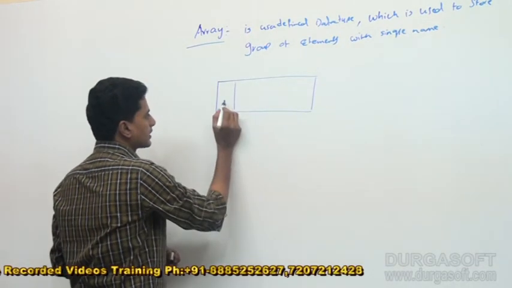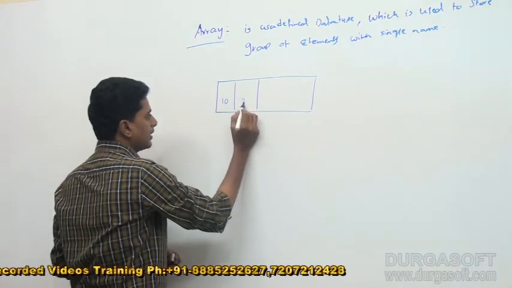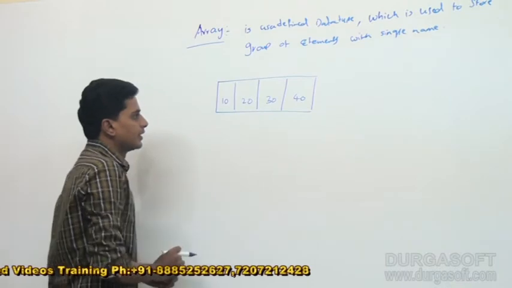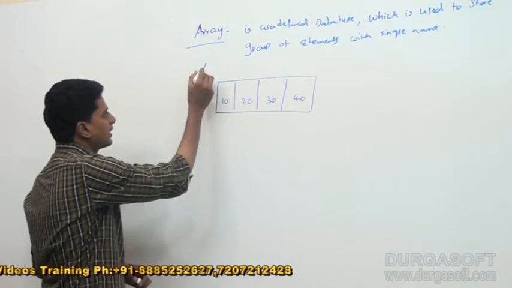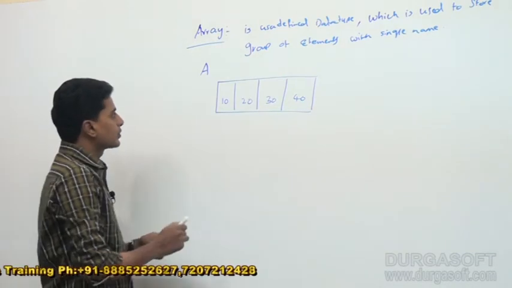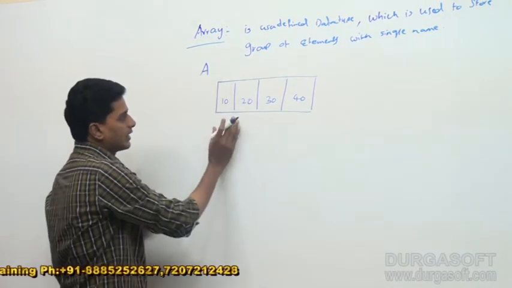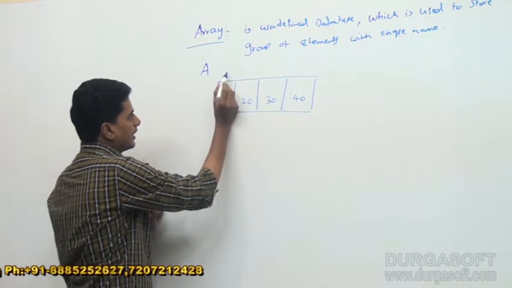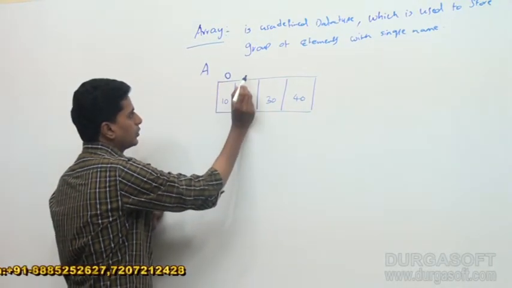Now you can see the values here are 10, 20, 30 and 40. The array name here I am giving is A. So the array name is A, and the array elements are 10, 20, 30, 40. Always the array index starts with 0.